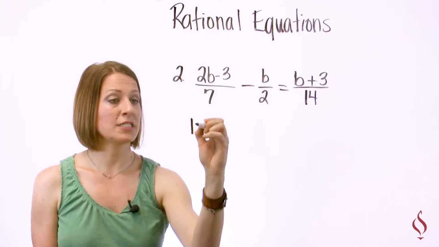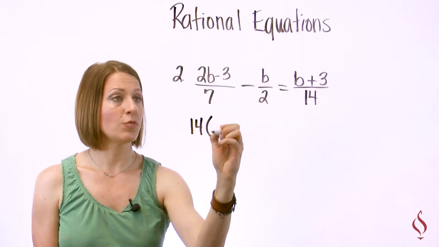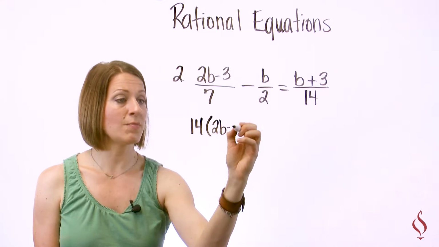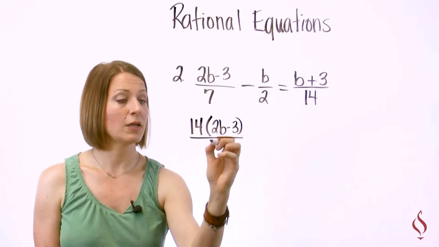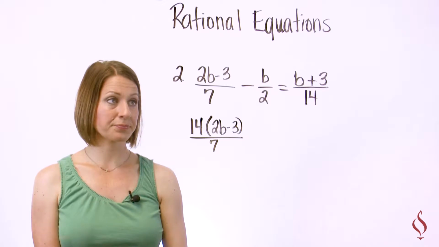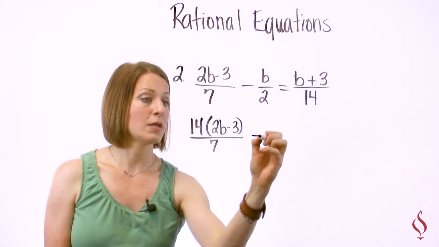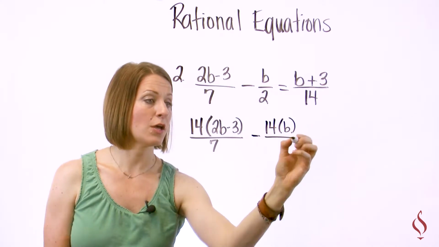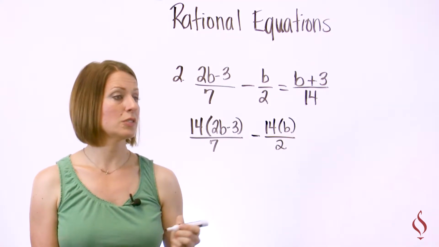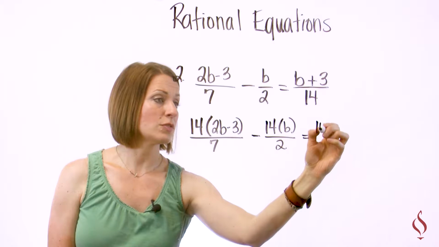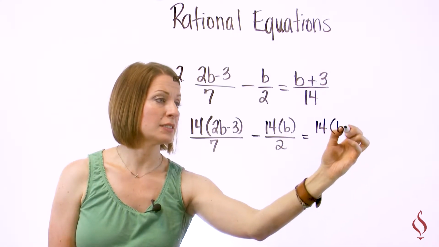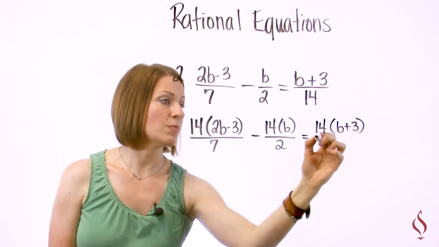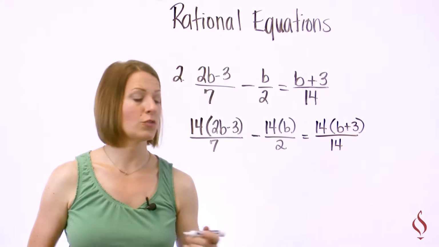Okay, so we're going to say 14 parentheses 2b minus 3 over 7 minus 14b over 2 equals 14b plus 3 over 14.